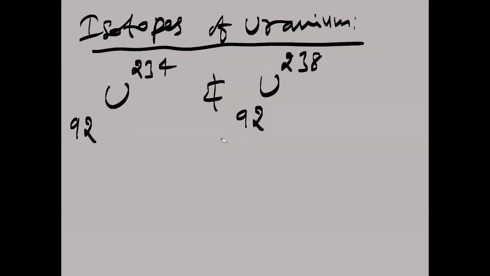When mass numbers are different, a different number of neutrons will be there. So this concept we have to understand: the concept of isotopes, the same atomic number but different mass numbers. So isotopes of uranium, remember. Is that clear? Take screenshot.